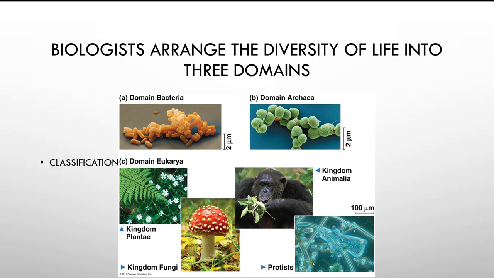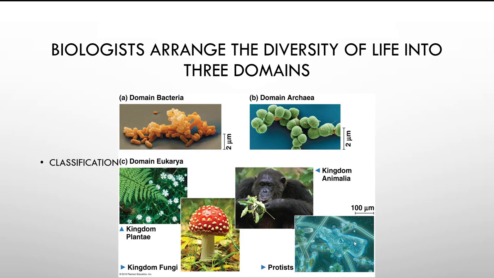Protists, they just basically are not animals, not plants, or not fungi, but are made of eukaryotic cells. They can be single-celled, like these little paramecium and the amoeba there, or they can be multicellular. So think of kelp, or the big sea algae. They look like plants, but they are not considered plants.